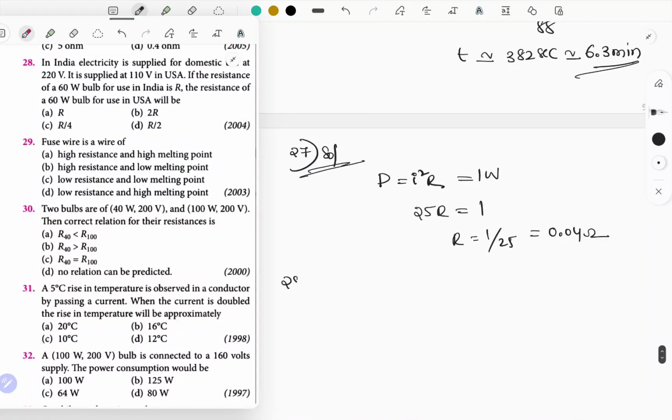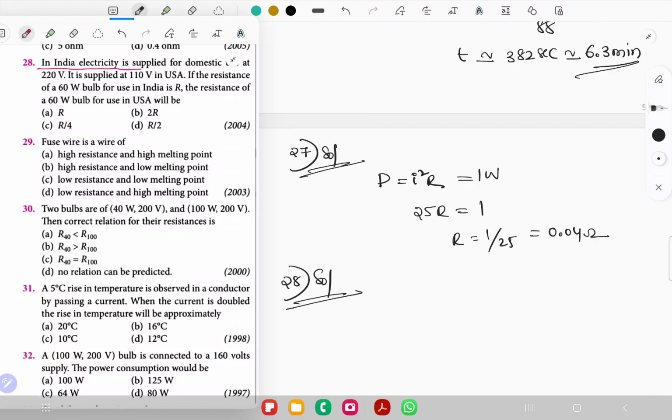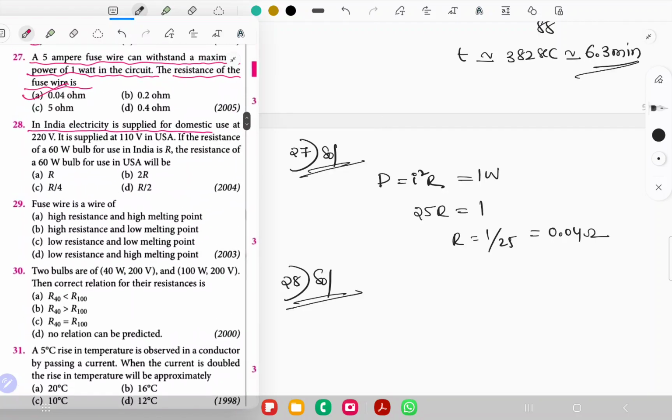Okay, next question 28. In India, electricity is supplied for domestic use at 220 volts. It is supplied at 110 volt in USA. If the resistance of a 60 watt bulb for use in India is capital R, the resistance of a 60 watt bulb for use in USA will be?